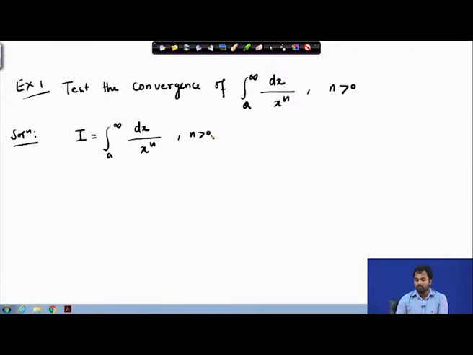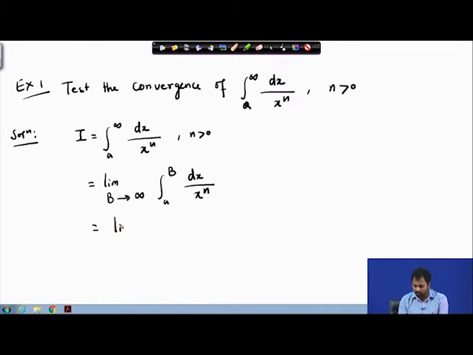At the moment we have to just test the convergence and see for what values we can get the convergence. Now if I write it in our traditional improper integral form, I will write it as the limit as b goes to infinity of the integral from a to b dx by x to the power n.